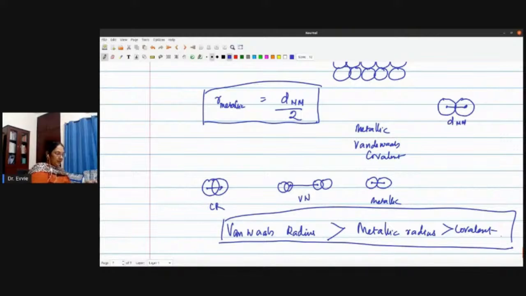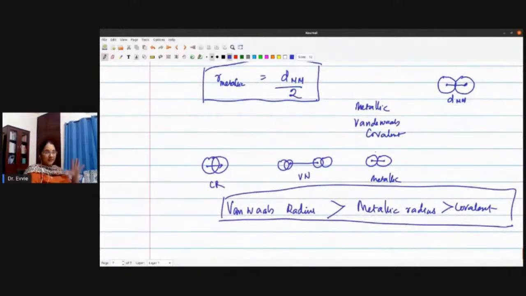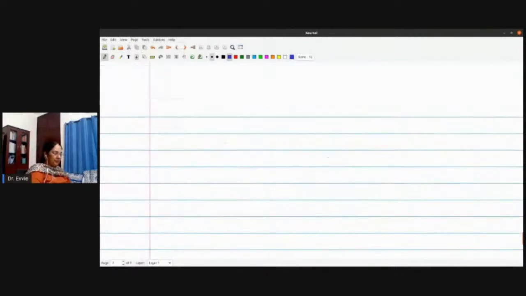Now let me tell you some exceptions. Okay, clear? So we have seen how the radius varies; depending on what molecule is forming, you have to go for the radius as per this.